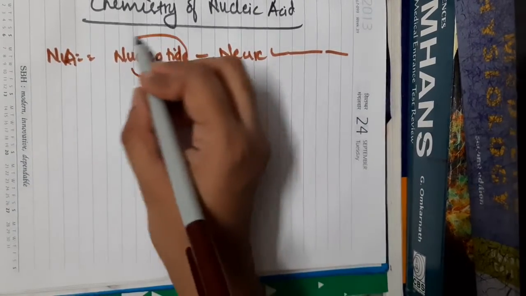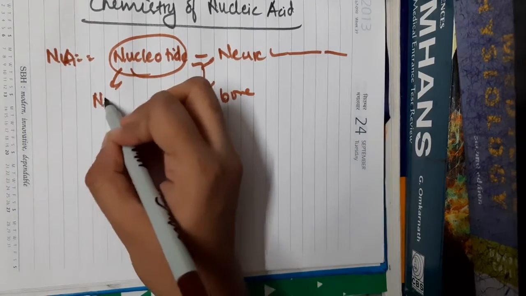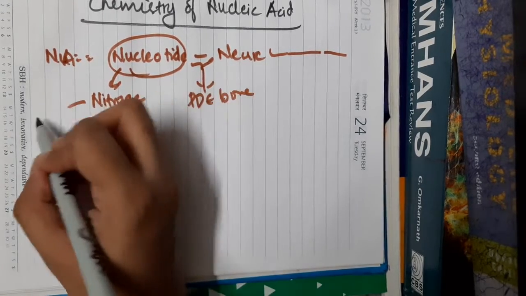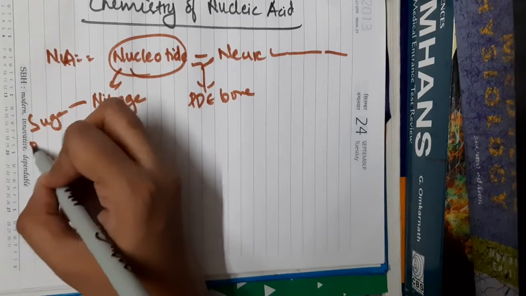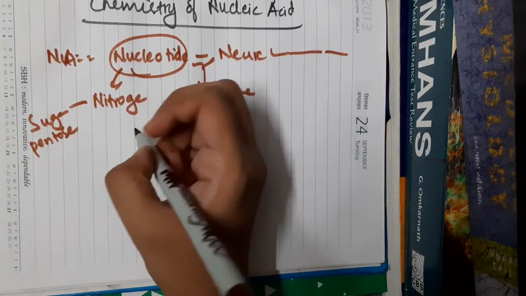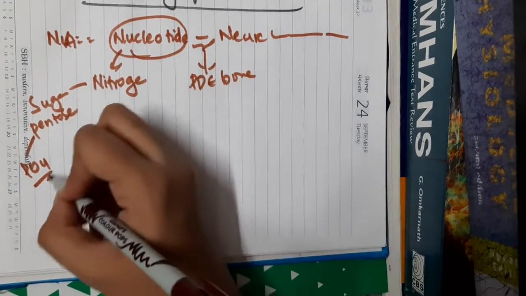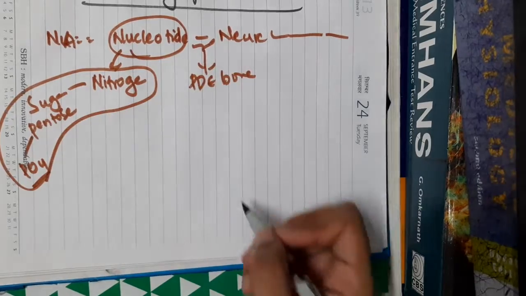So what are these nucleotides? These nucleotides have a nitrogenous base which is linked to a pentose sugar like ribose or deoxyribose, and this is also linked to a phosphate group. Together we call it a nucleotide.